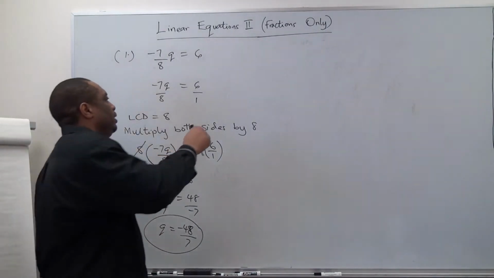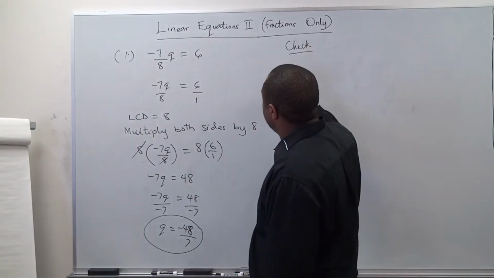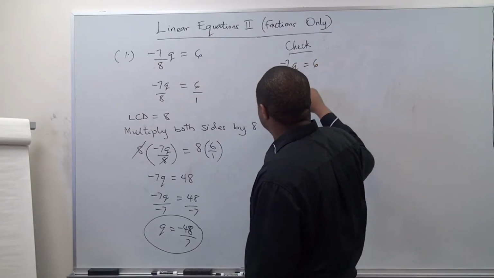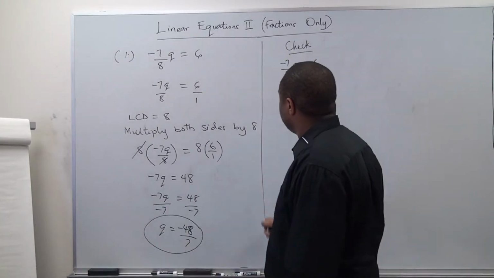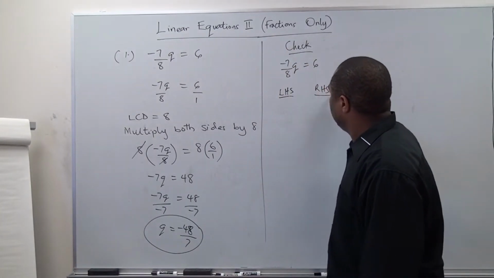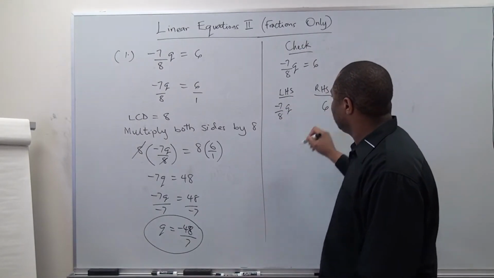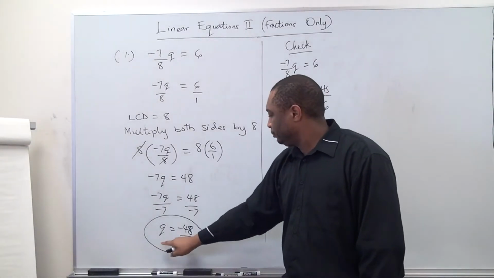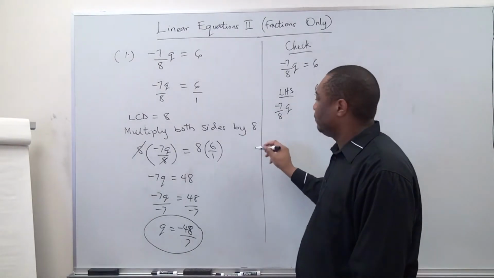And then we can check this. Of course, we write the original equation, the main equation, and then we have our left hand side and our right hand side. The left hand side is negative 7 over 8q. Right hand side is 6. So all we need to do is substitute for q into this expression.